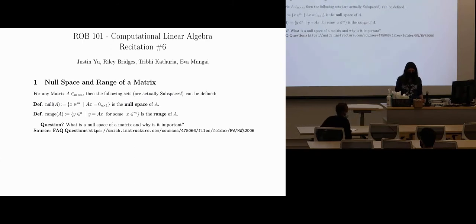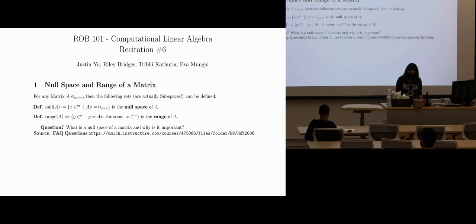I don't think you guys had range before this week, so we're going to go into that and the rank nullity theorem. And then finally, for the Julia part, Eva's going to go over the mobile robot example from the book, which is modified in the homework, but we're going to go over the original example that you see in the book, and hopefully that translates into what's on the homework.